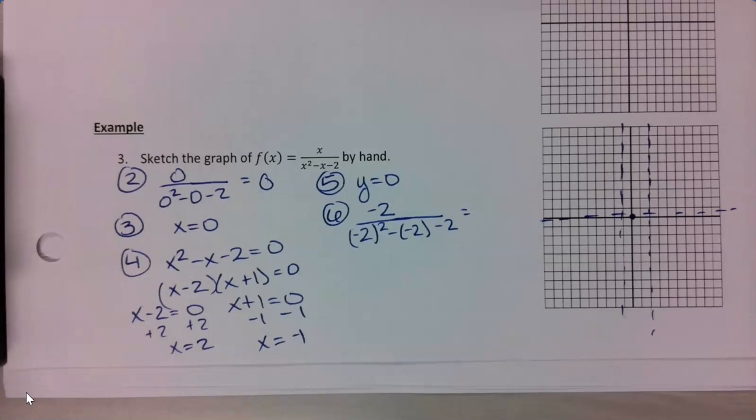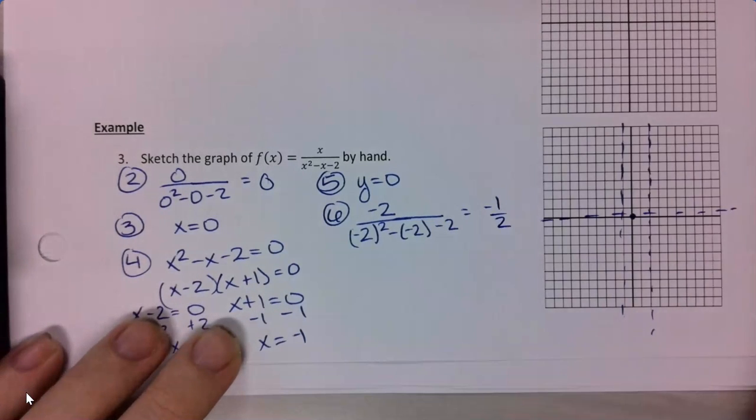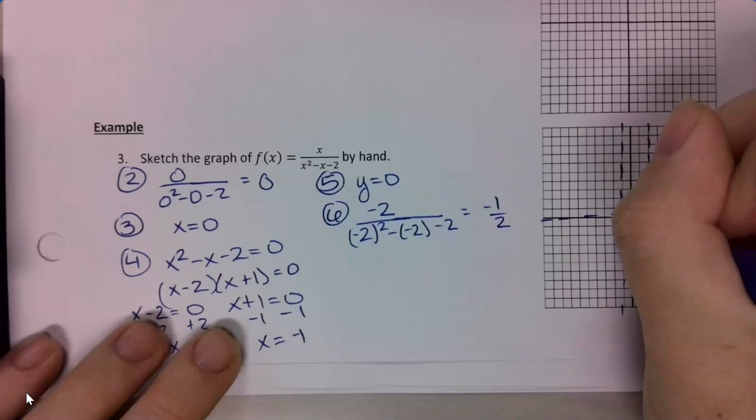Then what do I get when I type that in? Negative what? Oops, if I type this in right. -1/2? Okay, so -2, -1/2 is right here.